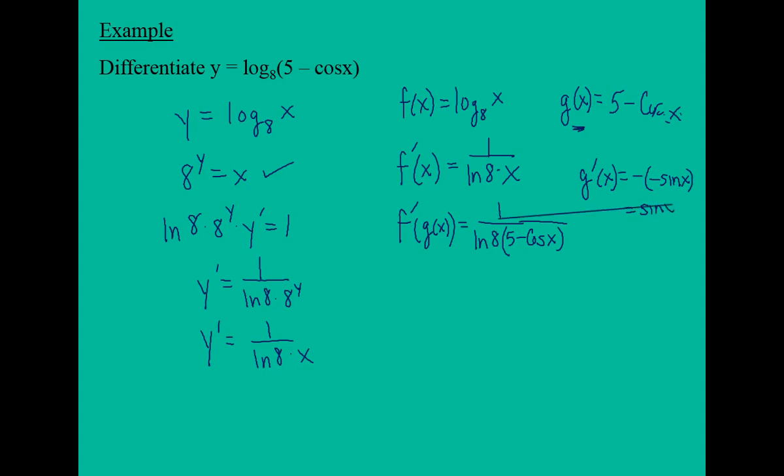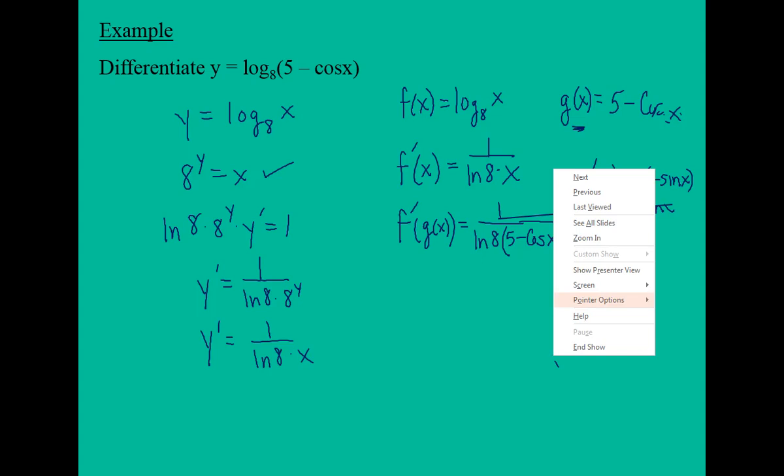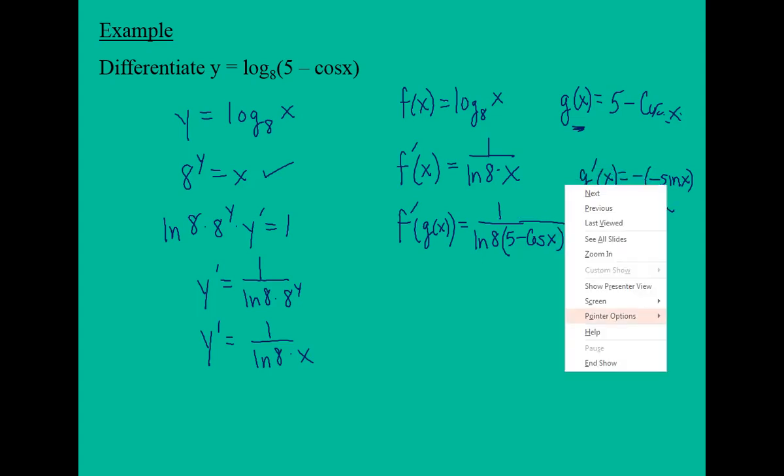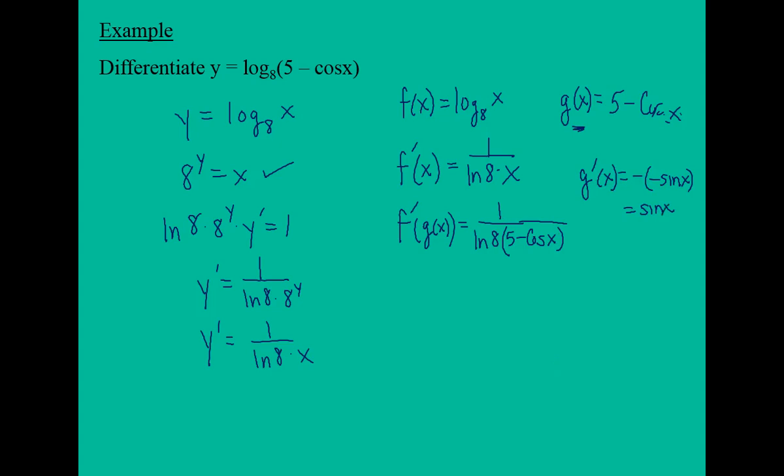So now we can multiply those together, and I'm just going to put sine of x in the numerator, all divided by our natural log of 8 times 5 minus cosine of x. And this is our derivative.